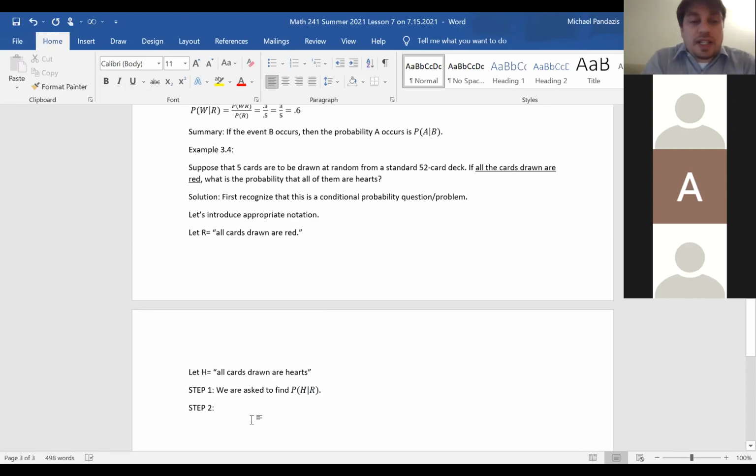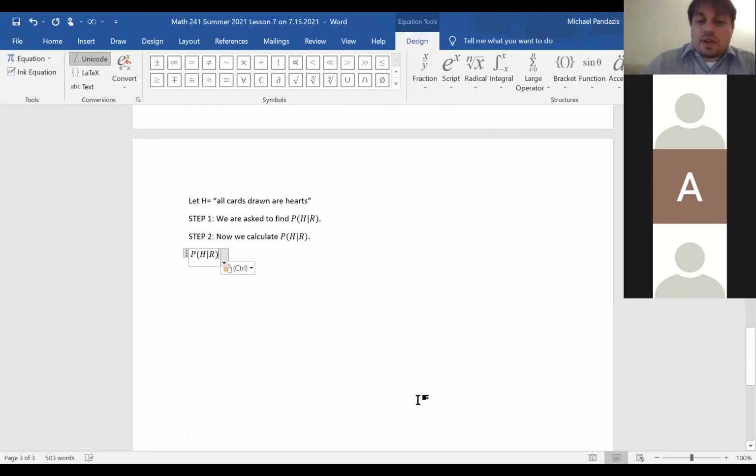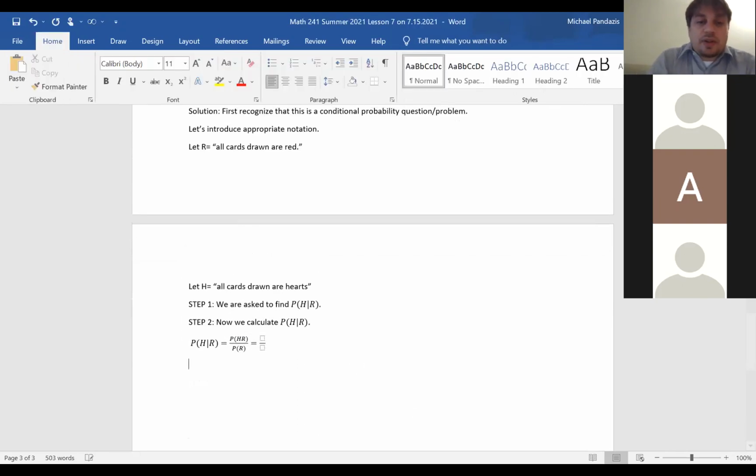So step two is calculate. Now we calculate the probability of H given R. By the definition of conditional probability, this is equal to the probability of H and R divided by the probability of R. Okay, so we just need to find the probability of both H and R, and R. Okay, so side work.